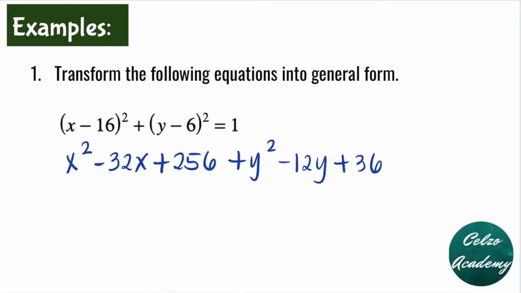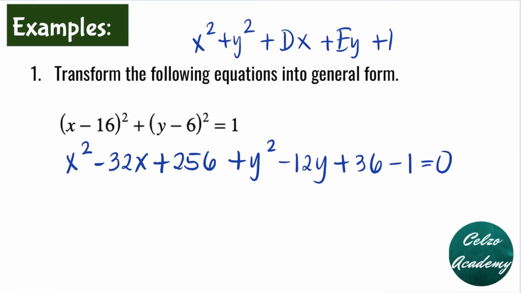And now I will transfer 1 over to the left. That becomes minus 1 equals 0. Again, take note that we have x² + y² + dx + ey + f = 0. So we will write first the x², followed by the y².